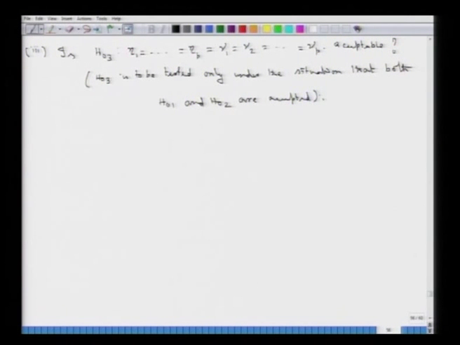Remember, H naught 1 is the hypothesis for testing similarity of the profiles, H naught 2 is the hypothesis for testing equality or coincident nature of the profiles, and H naught 3 is the last hypothesis, which tests whether the profile is a level profile, that all the components are basically the same.